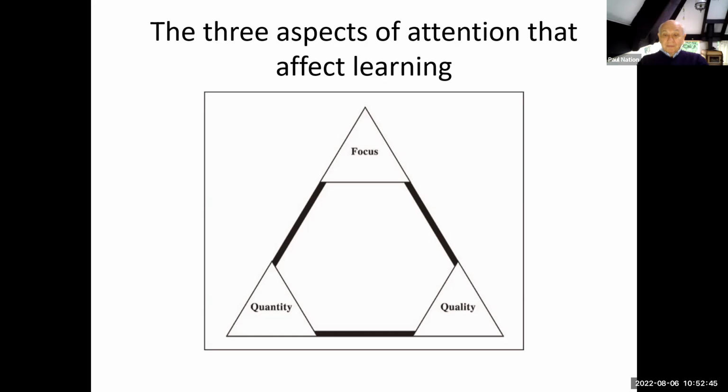For example, whenever we give attention, we have to focus on something. And whenever we focus on it, we have to give it some quantity of attention, either short or long. And when we give attention, that will have some quality, and that quality will either be good and deep or not very deep and superficial and so on.